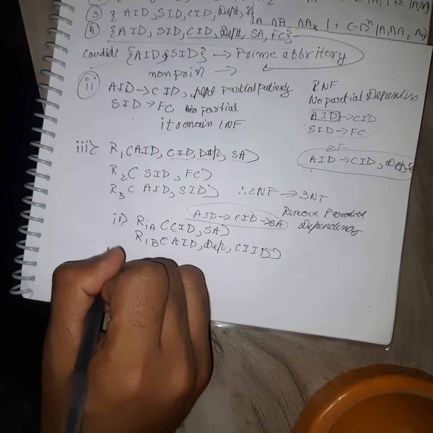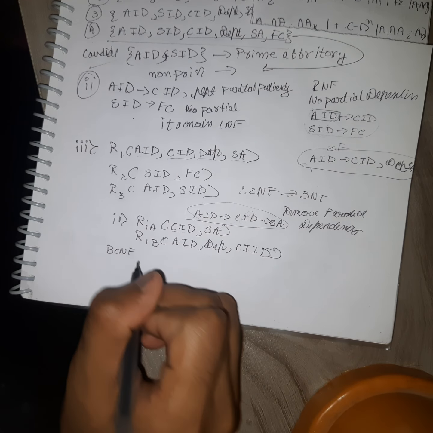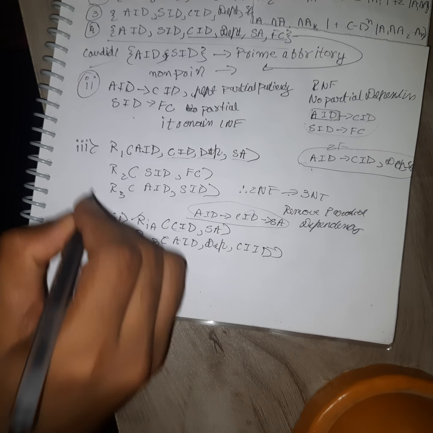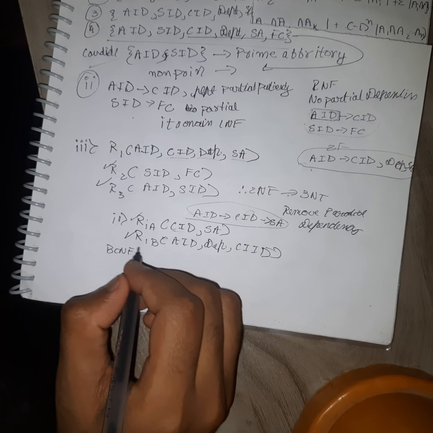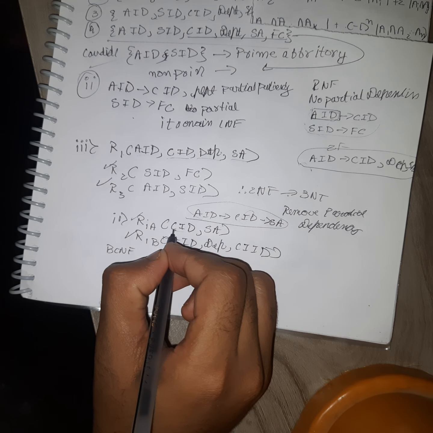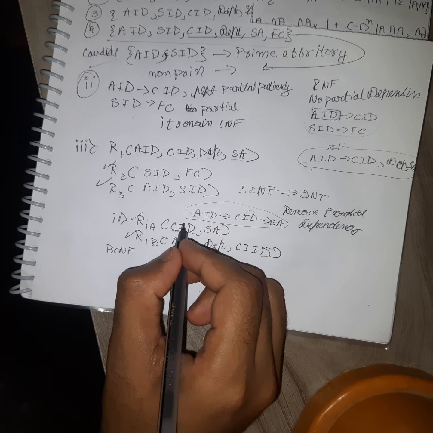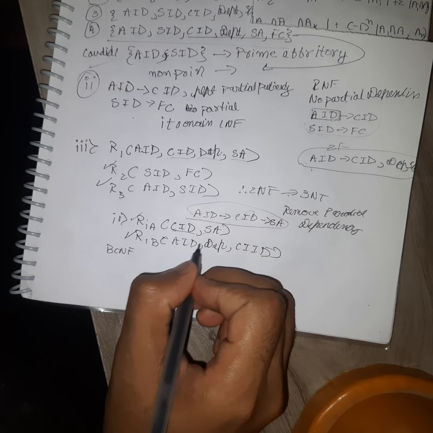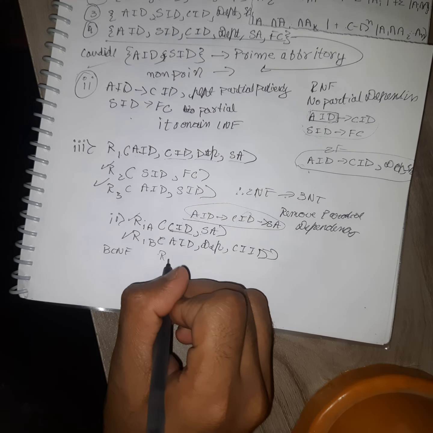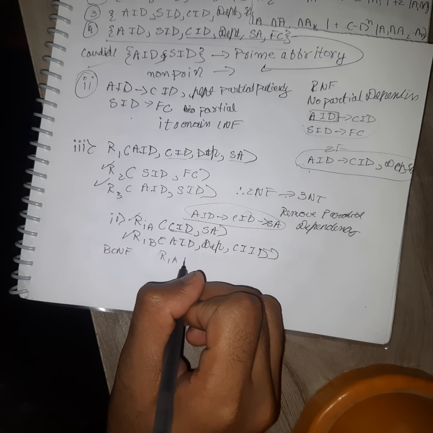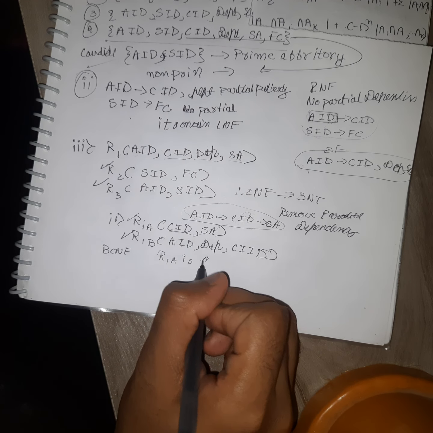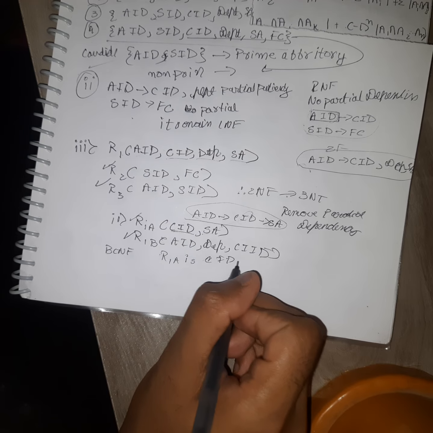Okay, now we have to convert it into BCNF. So let's check. Okay, there are like one table, two tables, three tables, four tables, right? Here see, CID. Using CID, can you find the other elements in the table? Yeah, you can find the scholarship amount. So in R1A you can write CID to SA.